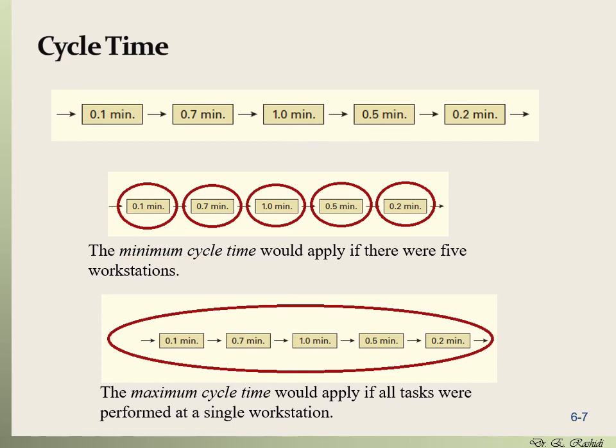The first task takes only 0.1 minutes, but after that it has to go to the second task, which requires 0.7 minutes, and after that it has to go to the third, which requires 1 minute, and the fourth and the fifth. So in the long run, the output of this system would come out at the pace of the slowest workstation. If they work sequentially and continuously, there would be a finished product every cycle.